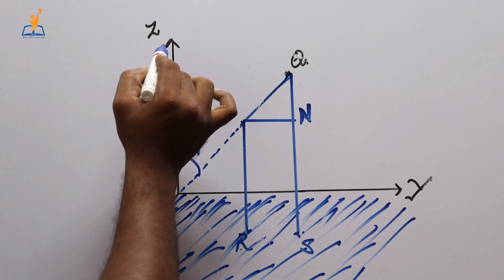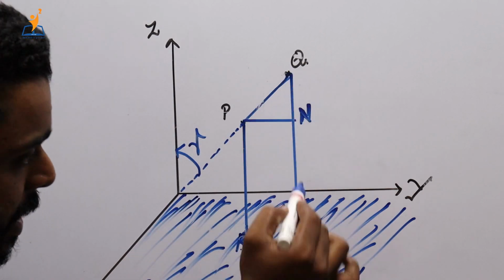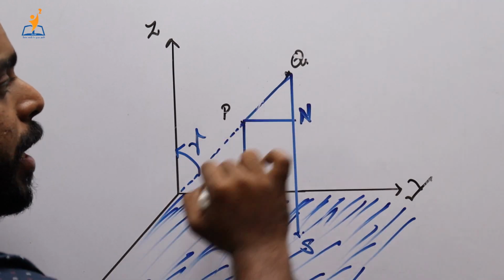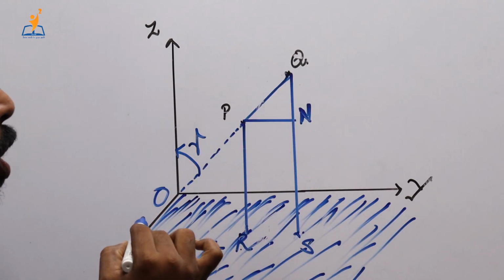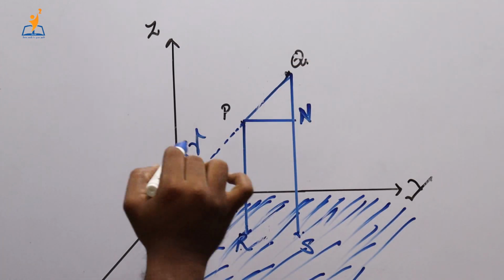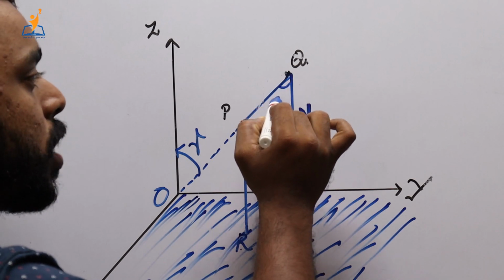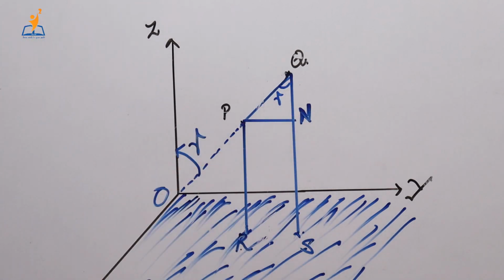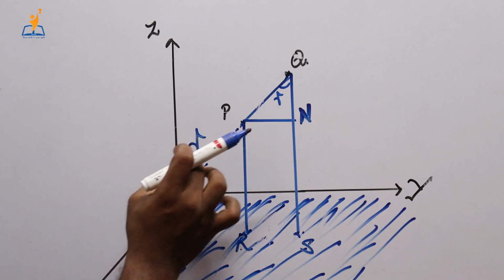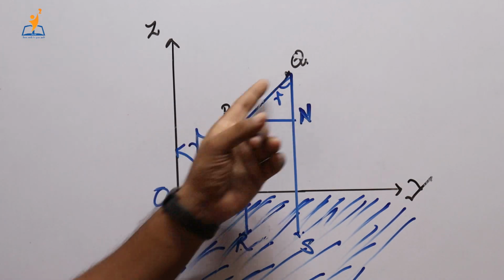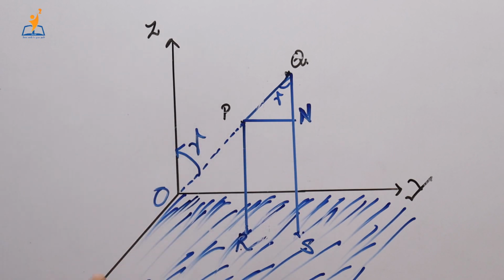Since this axis and this perpendicular are parallel to each other, the extended line PQ, which we can name as O, behaves as a transversal, and this angle will also be equal to gamma, since they are alternate interior angles. So we get this as gamma and this as gamma. So we have to find cos gamma, because if gamma is the angle made by the line or vector with respect to the Z axis, then the corresponding direction cosine is nothing but cos gamma.